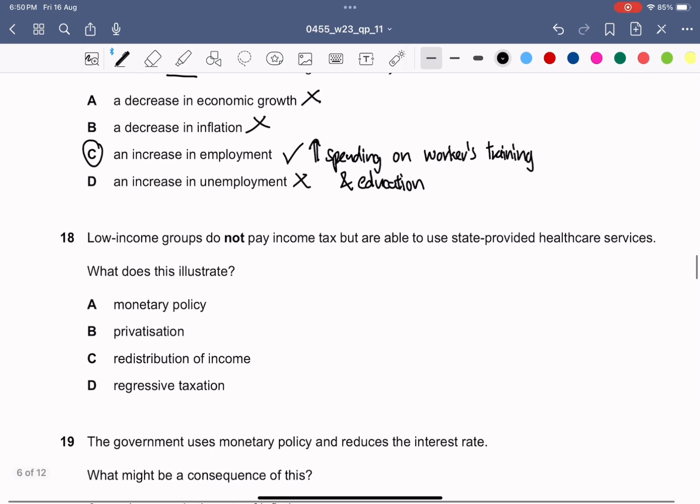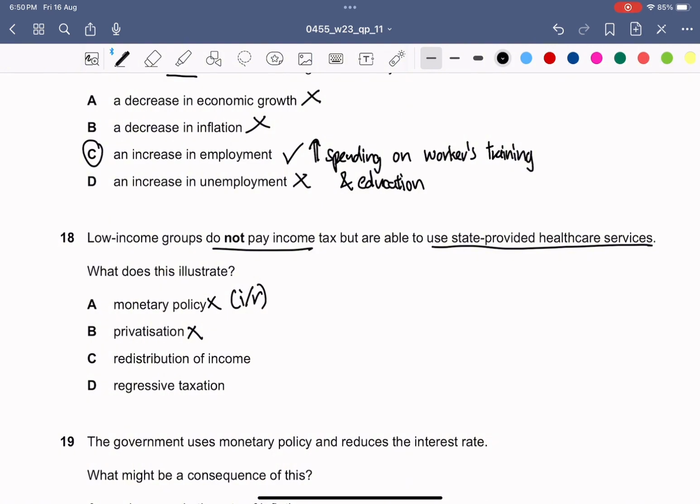18. Low-income groups do not pay income tax but are able to use state-provided healthcare services. What does this illustrate? A. Monetary policy. No, because monetary policy is about interest rates. B. Privatization. No, it's irrelevant. C. Redistribution of income. Yes.